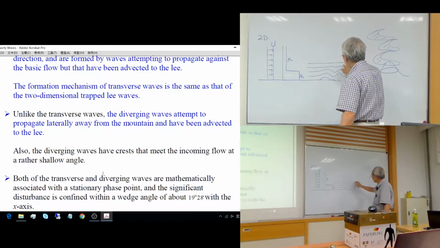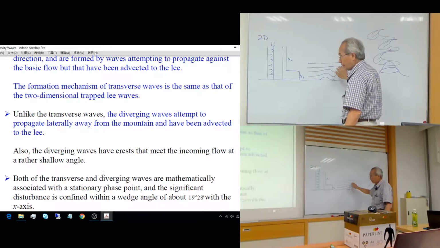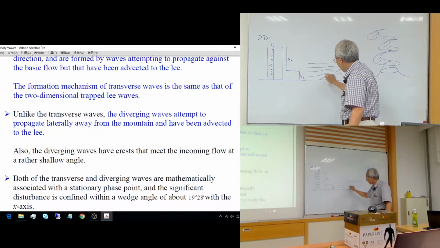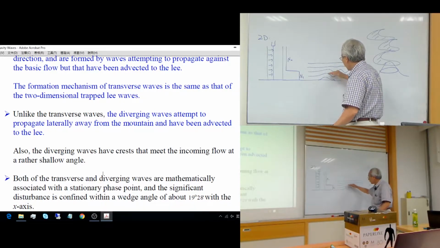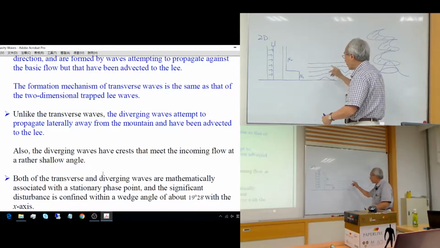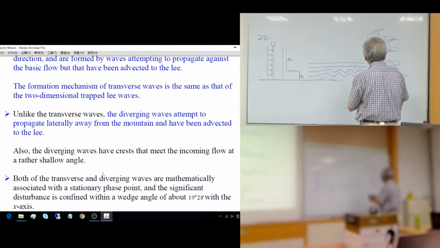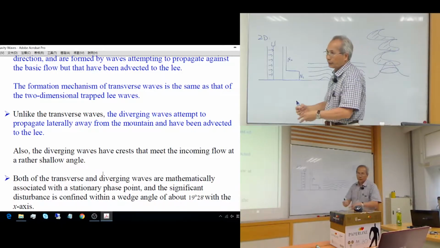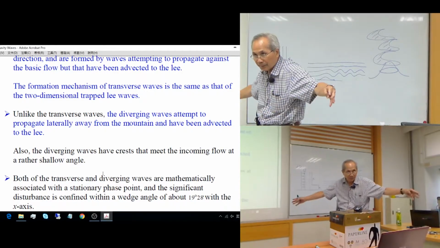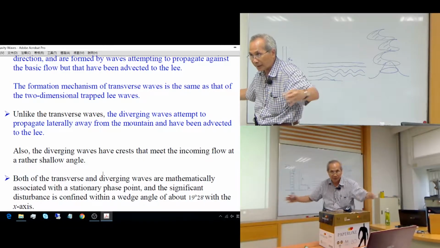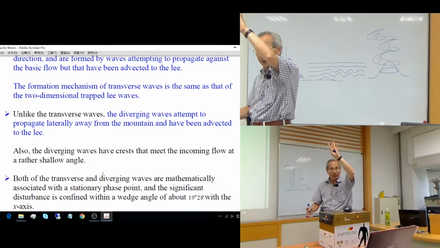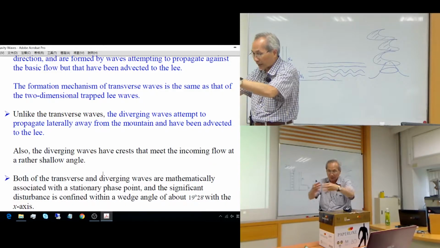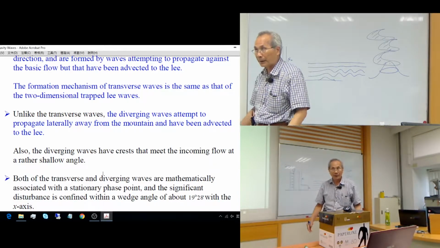Here you don't have much wave disturbance because of this structure, so a lot of wave energy is trapped. Instead, it diverges out, trying to propagate horizontally instead of vertically. It tried, but it didn't, so a lot of them go like this. You know what I mean?